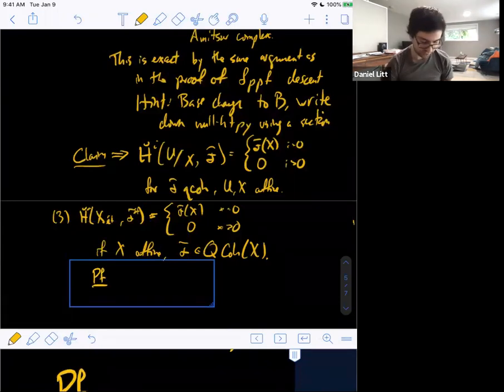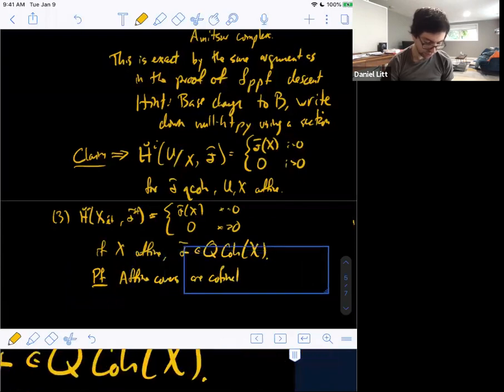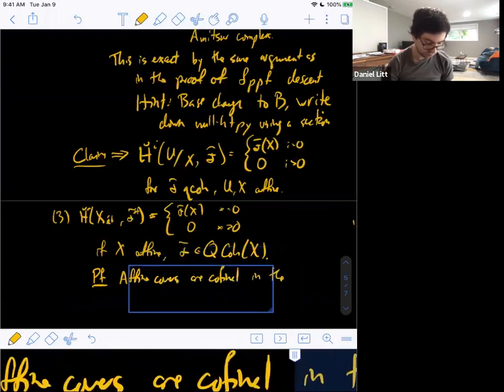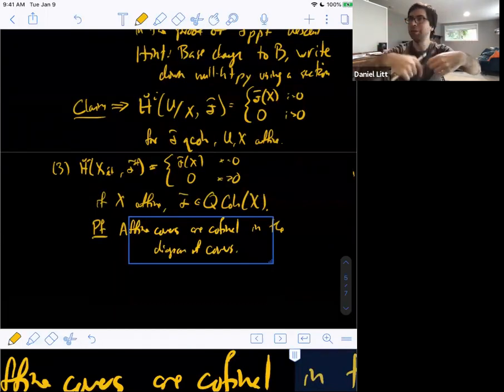Right, so the proof is that affine covers are cofinal in the set of covers, in the diagram of covers. That's right, Sophia. So we're taking a direct limit, but every time we have something nonzero in the Čech cohomology of some cover, we can just kill it by refining to an affine cover. That's another way of saying that.